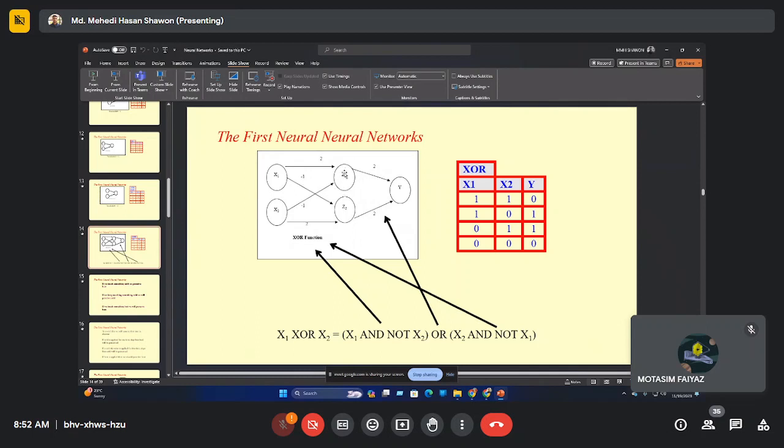So each neuron will calculate whatever it is receiving from x1, x2, weights, and bias. After calculating, they will decide whether I should fire or not, whether I should be active or not. Based on this propagation, in your output layer, your neuron will again calculate after getting everything.